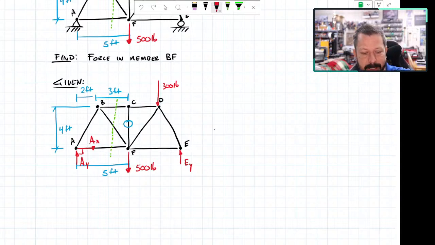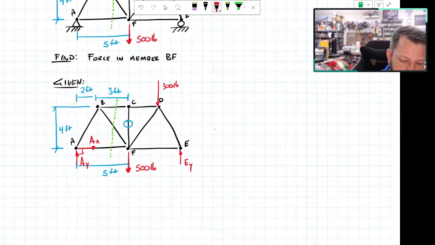I've already decided I'm going to use section AB, so I don't have to solve for it if there's a way to not solve for it. I can, by observation, see that all of the forces except for AX are completely vertical. So I just know by looking at it that AX is 0.